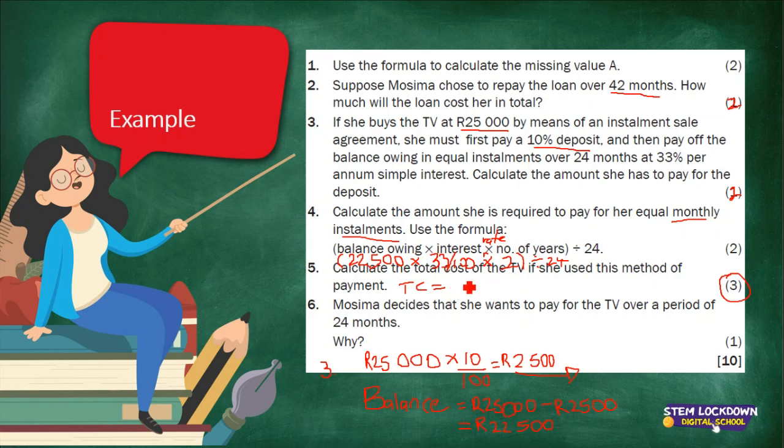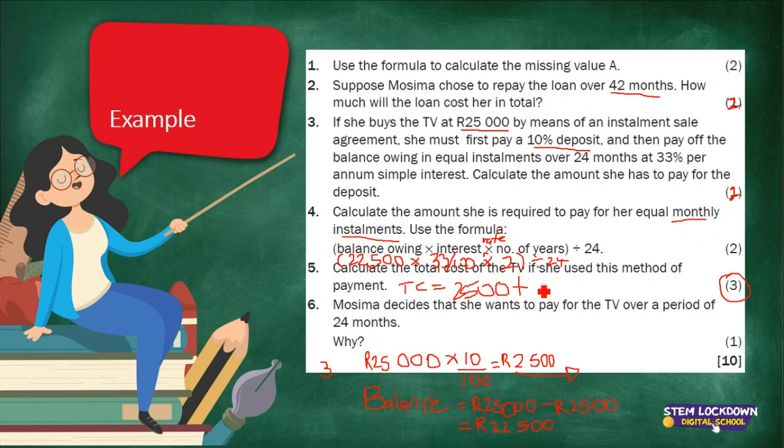So for hire purchase, remember a deposit, right? First pay deposit, which is 10%. How much is that? 2,500. Plus then every month she's paying installment, the answer that you got from 4.